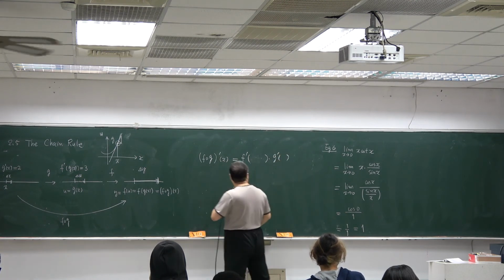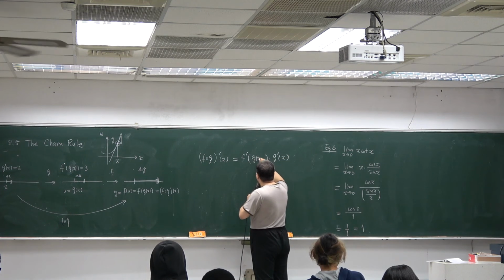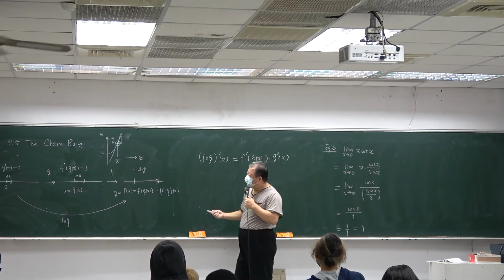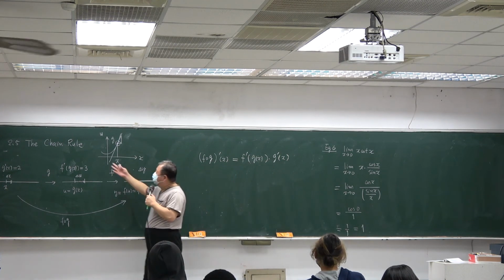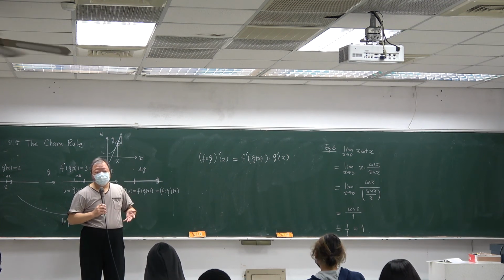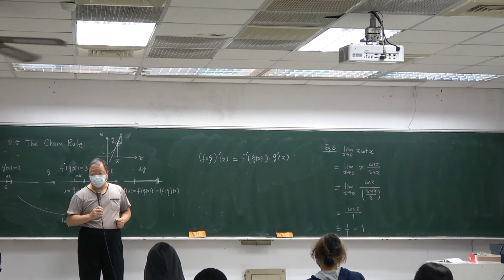At where? At x. At where? At g of x. At 1, at 10. Okay. This is the chain rule. So the chain rule is the differentiation rule for composite function.